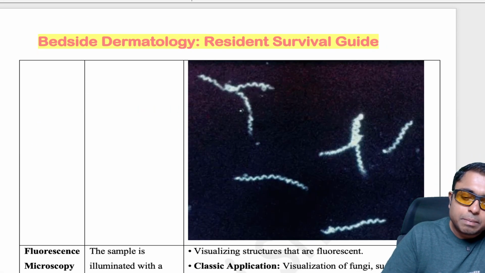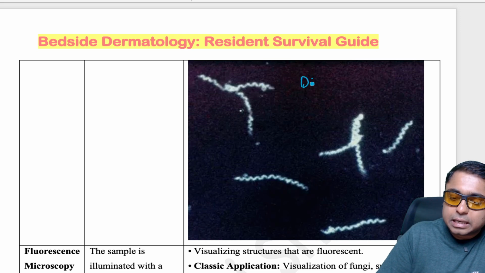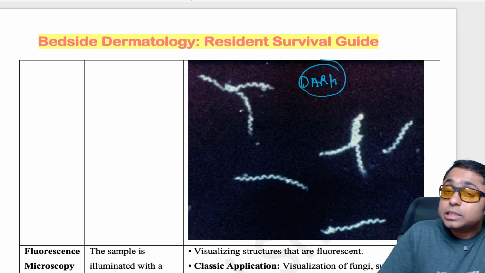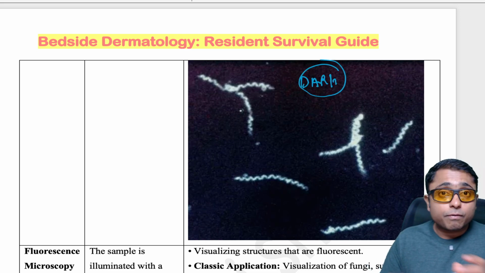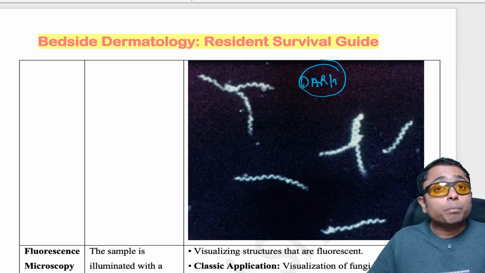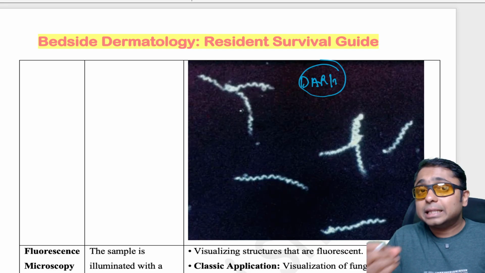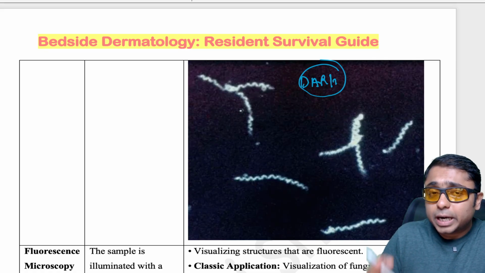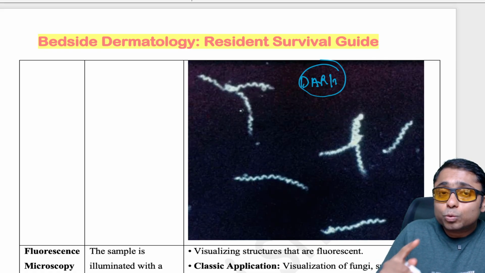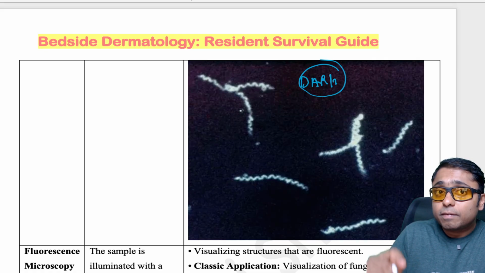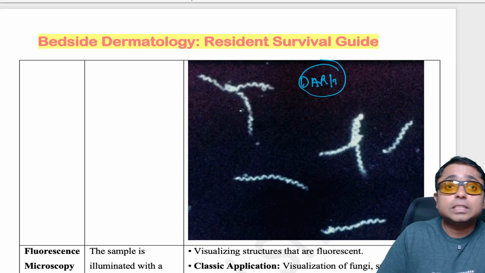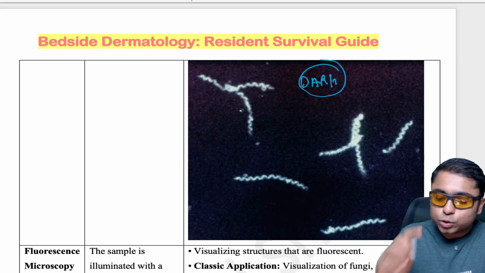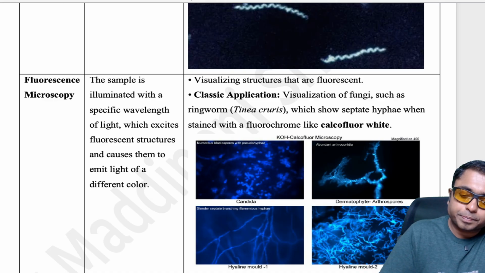Can you see, this is a microscope image where you are able to see the dark background against which the spirochetes are becoming very clearly visible, and even the movements can be observed. In the case of primary syphilis, we can see the Treponema pallidum in corkscrew movements in the dark field microscopy. That is the reason why it is the investigation of choice in primary syphilis. So this is also a very important point to remember.